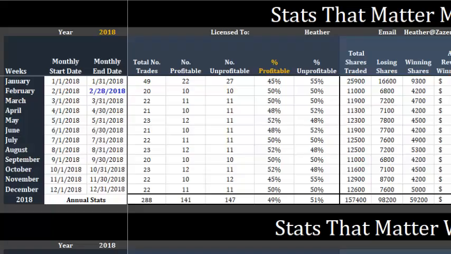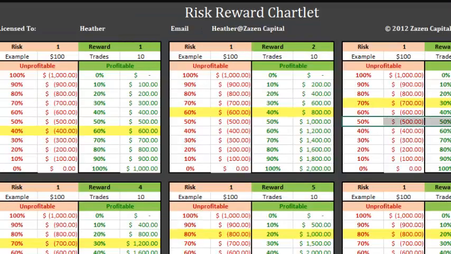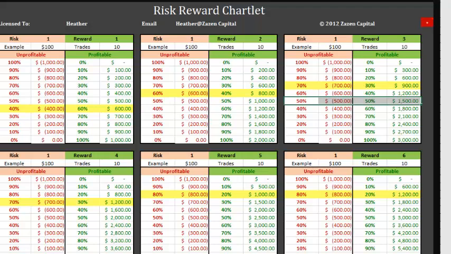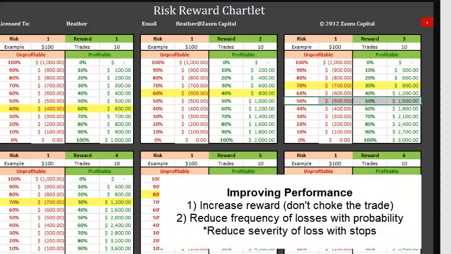Let's go back to our example before. Now, if you want to improve your profitability, there are 2 ways that you can do it. You can either increase your reward. Perhaps you have a tendency to choke the trade. You get out of the trade too soon and it keeps going without you. If you can find a way to stay in a winning trade, stay in a trend that's going in your favor for longer, you can increase the risk-reward ratio.